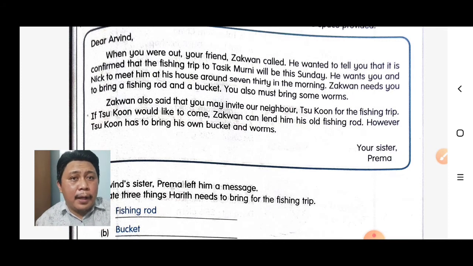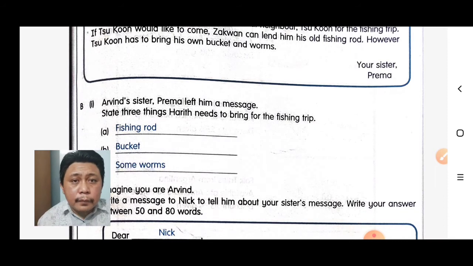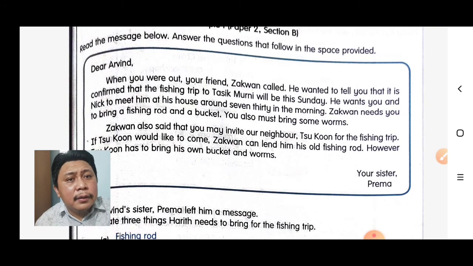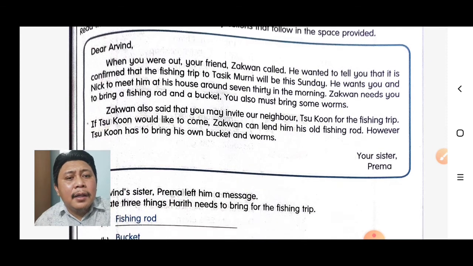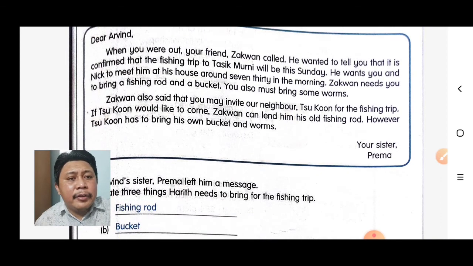Your sister Prema. Okay, sometimes you need to find information according to the short message like this one. So for this one, B1, Arvin's sister Prema left him a message. State 3 things Arvin needs to bring for the fishing trip. So find in the short message here, what are the 3 things that Arvin needs to bring.